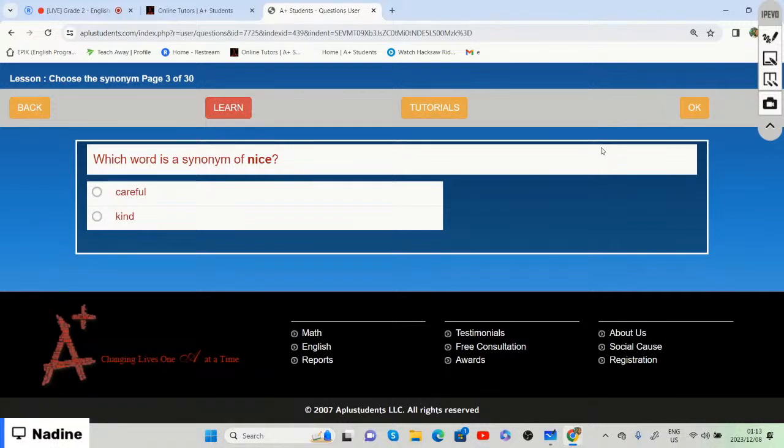So which word is a synonym of nice? If you are nice, are you careful or are you kind? So we need to choose a synonym.